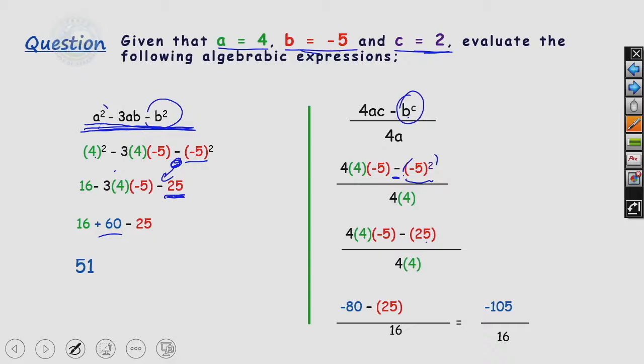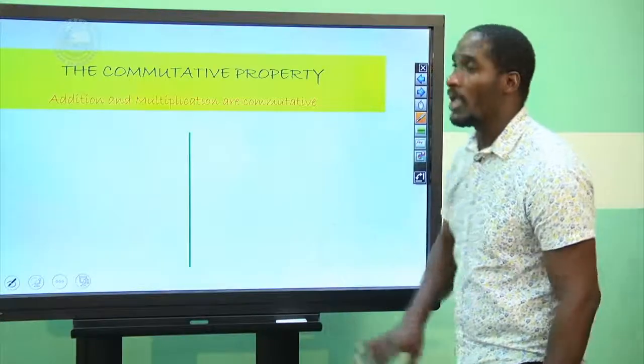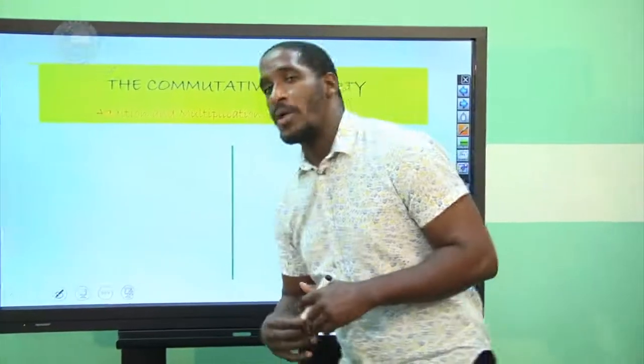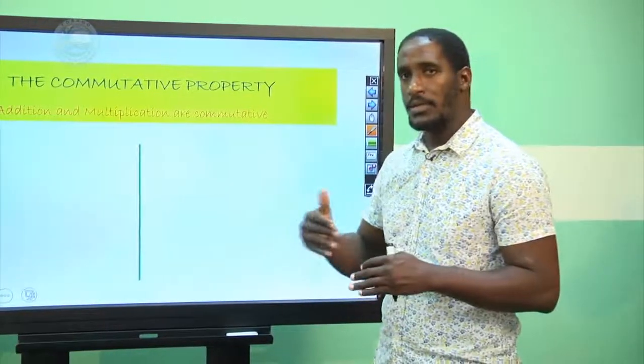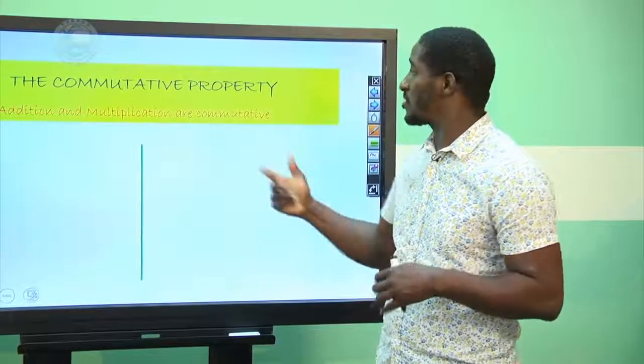Remember, when we were doing integers, negative 105 upon 16 is the same as negative 105 divided by 16, which you can use your calculators here. It is negative 6.56.